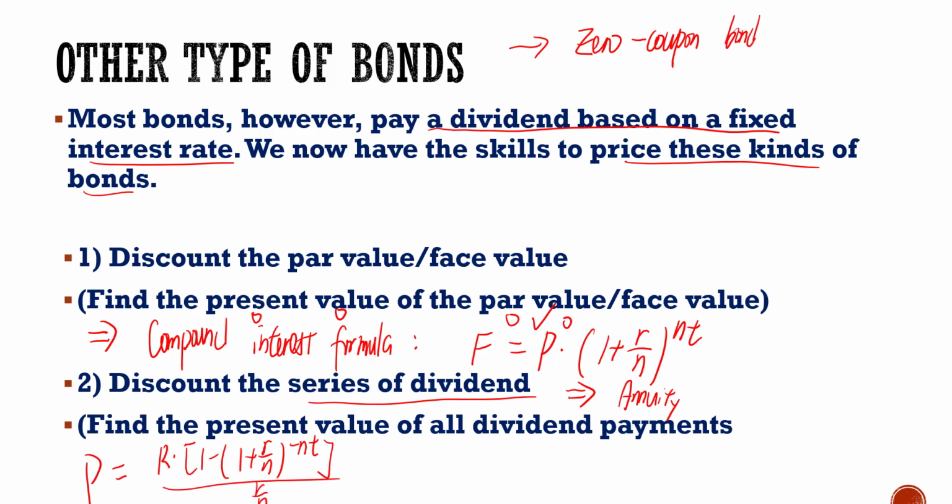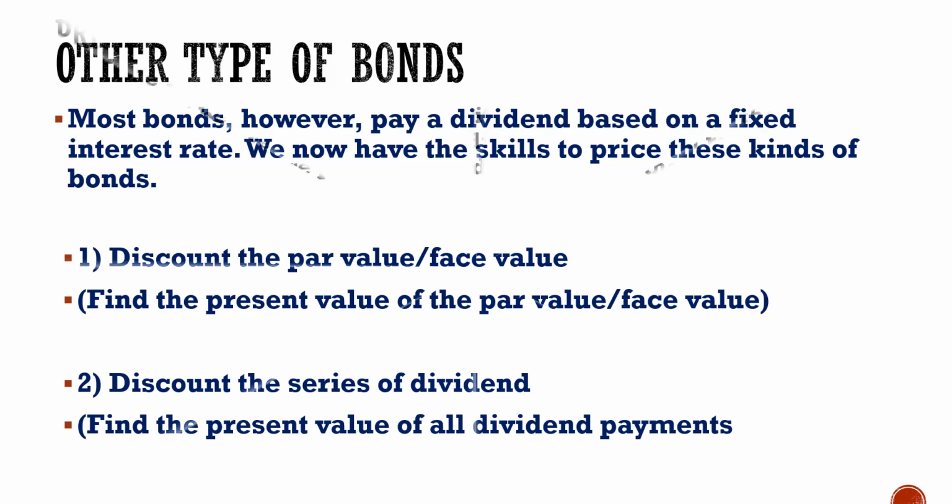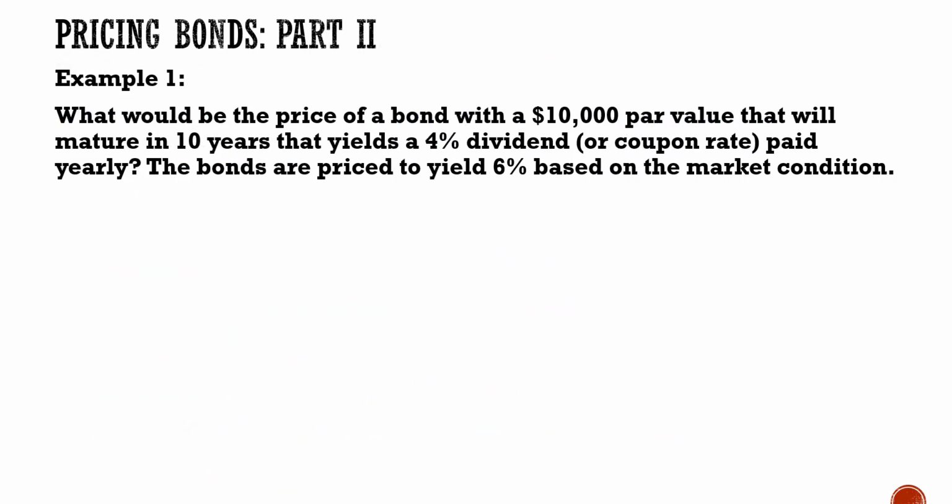And so once we complete both processes, combine the bond price from both sources, and we end up with the final bond price. Now let's take a look at one of these examples about pricing a bond.